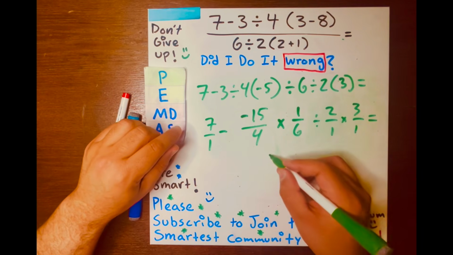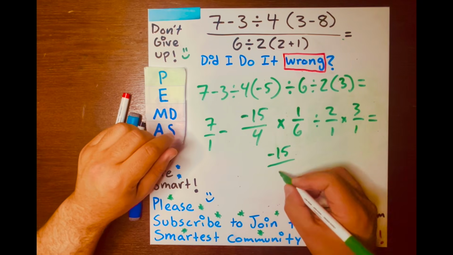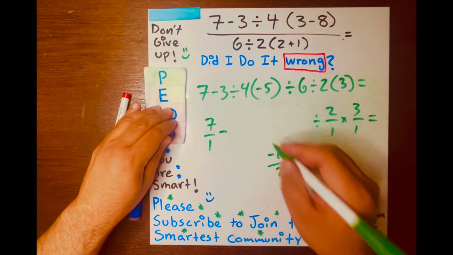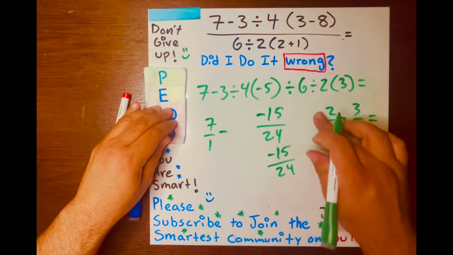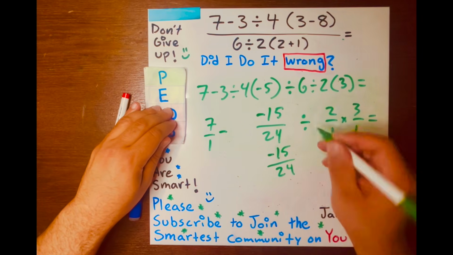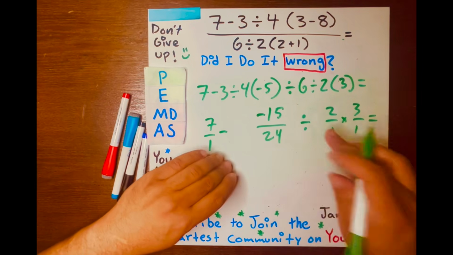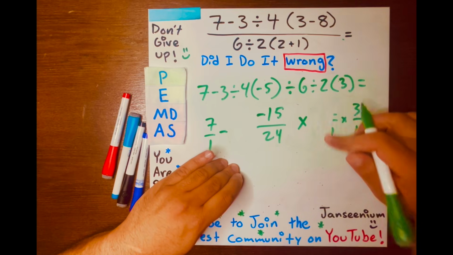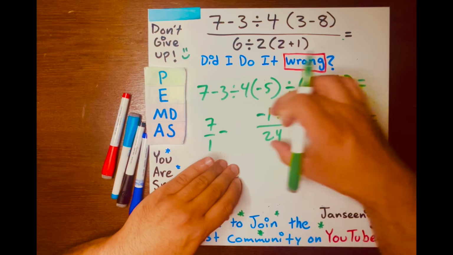-15 times 1 is -15 over 4 times 6 is 24. Next, I'll erase this and write in -15 over 24. And I use the keep, change, flip rule again. So I keep -15 over 24, change division to multiplication, and then lastly flip 2 over 1, becoming 1 over 2, and then I'll multiply across.